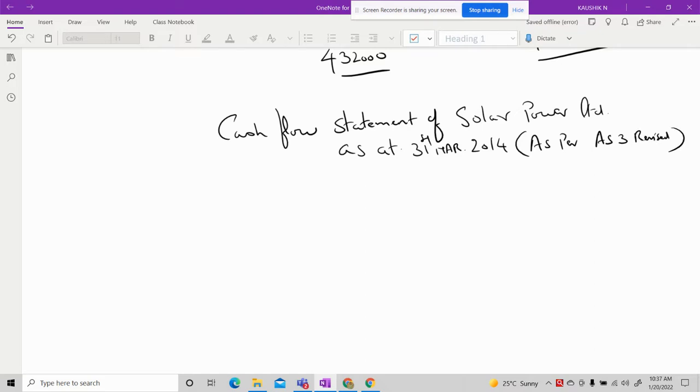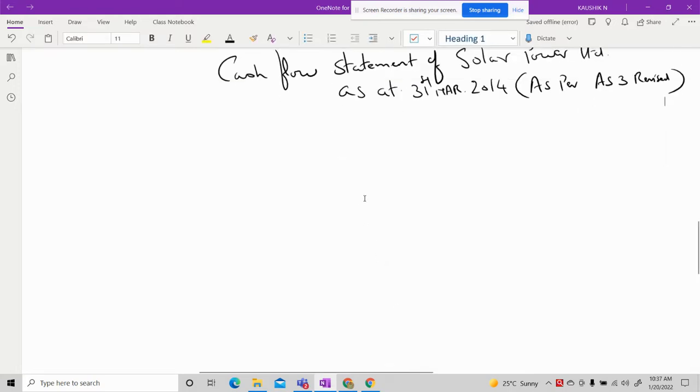So write the heading, and now you have to draw the format. Particulars, then you will write details, and then write amount in terms of rupees. Now let's get started.